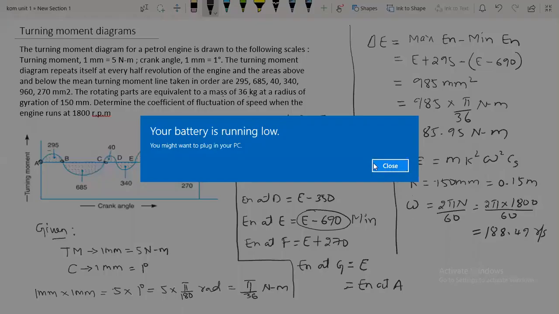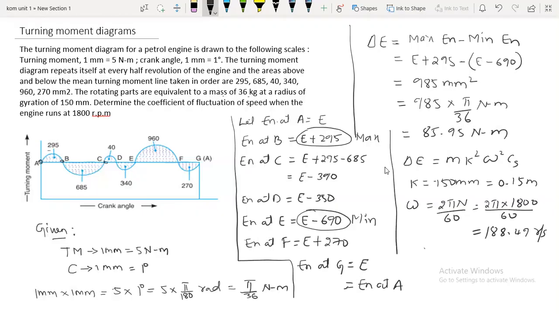Now substitute all the values in the above formula. So delta E is equal to 36 into 0.15 square into 188.49 square into Cs. Substituting the value of delta E here, we get the value of Cs. The Cs value will be 0.003.